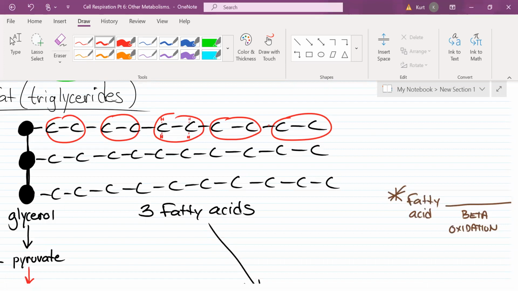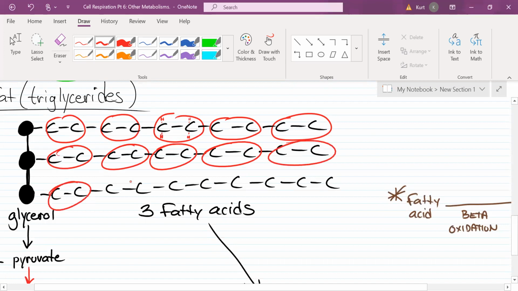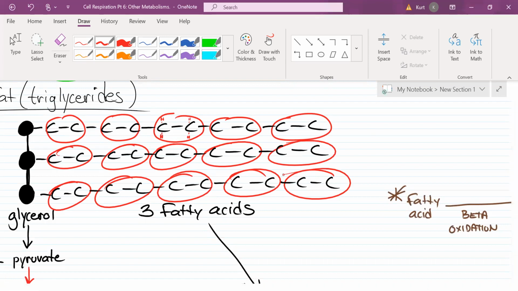All of these are going to be turned into acetyl coenzyme A's. 2, 2, 2, 2, 2, 2, 2, 2, 2, 15 total. From those fatty acids that I drew, there were 30 carbons. That means that there's 15 pairs. That means you can get 15 acetyl coenzyme A's.